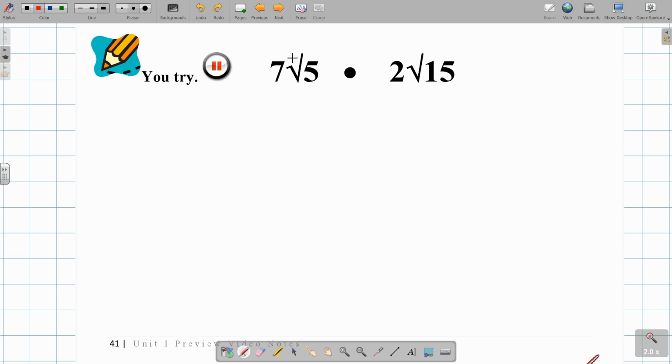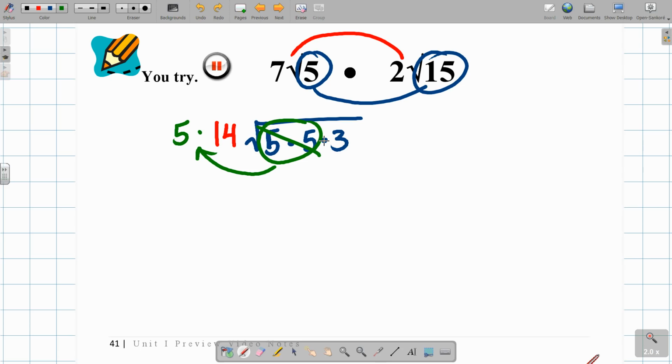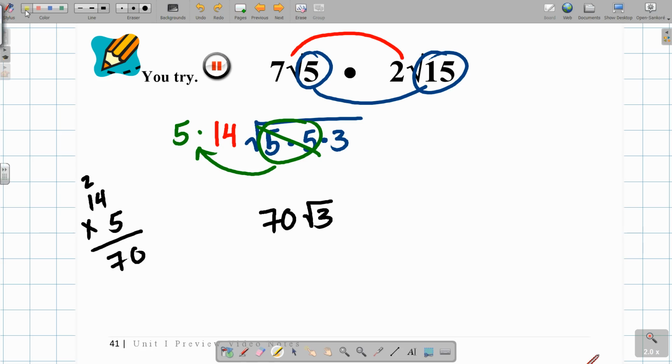Welcome back. Let's see how you did. Outies, innies, 15, that's prime factoring. Simplify. You should have gotten 70 root 3.